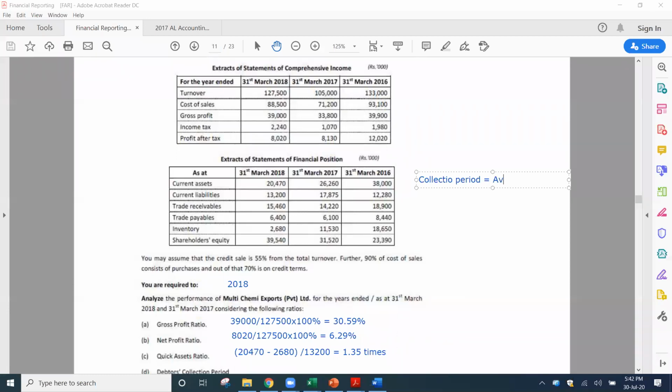We calculate the average debtors divided by credit sales.